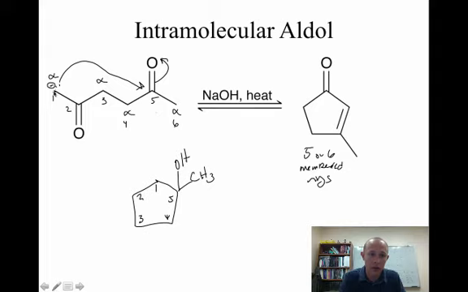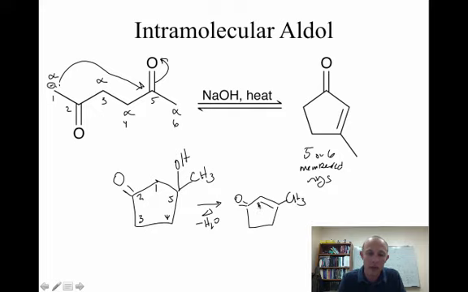Carbon number 1 is this one, which is bonded to carbon number 2, which possesses a carbon-oxygen double bond. So this would be our initial aldol product, right? But then we can eliminate water, and you always want to eliminate water in a way that gives you a conjugated double bond. So when we heat this reaction, we lose water, and we get the same product that's drawn over here, except it's just rotated a bit.